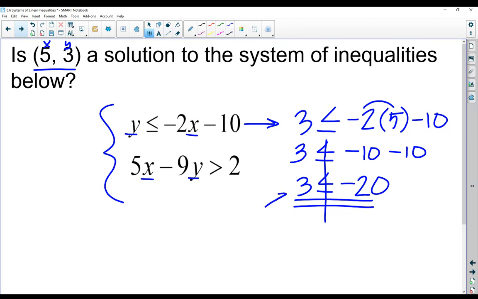Is 3 actually less than or equal to negative 20? No, it is not. If this one doesn't work, then it doesn't matter what this one does, because it doesn't work for both of them. So the answer to this is no. (5, 3) is not a solution to that system of inequalities.